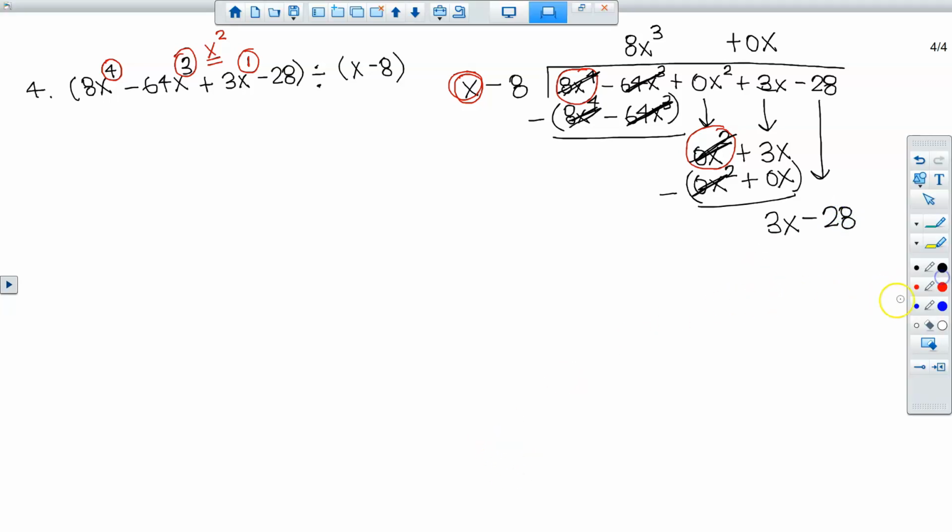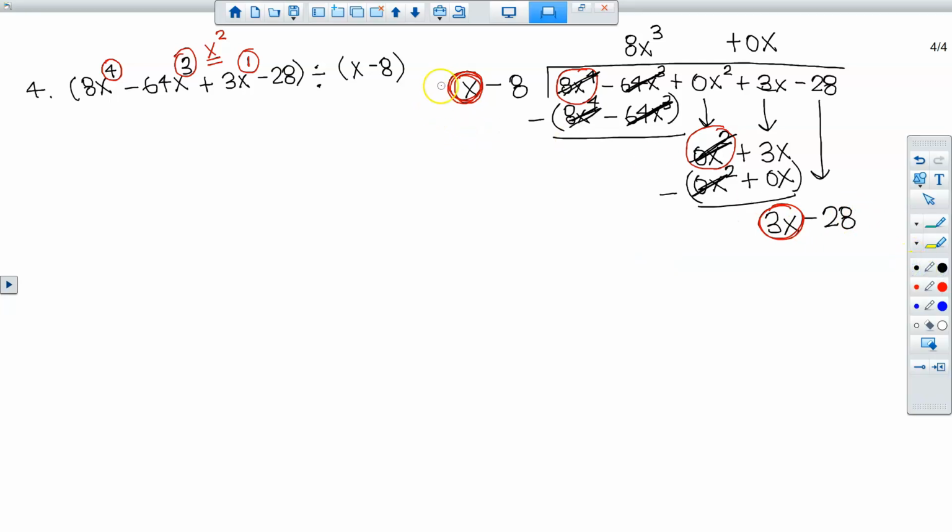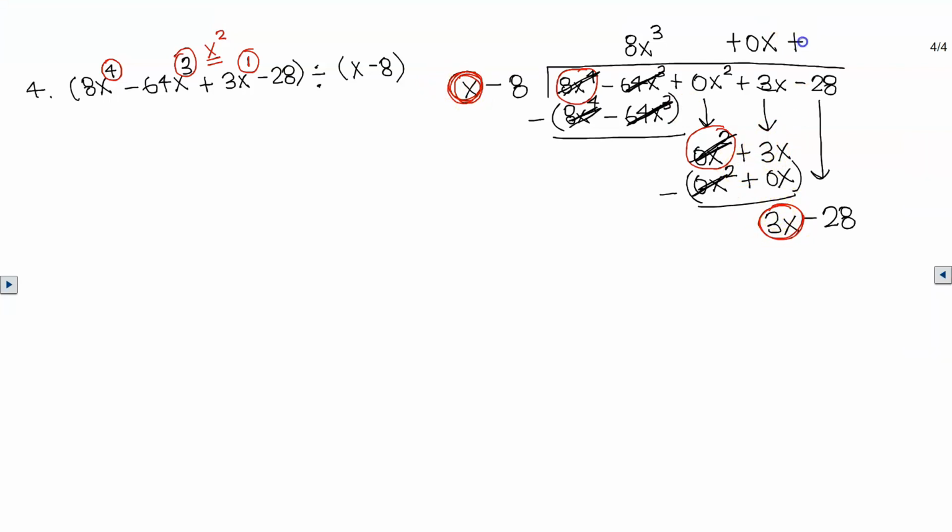And this will be our last trip through the division process. So how many times will x go into 3x? So in other words, what would I multiply times an x to get it to become a 3x? And the answer is positive 3. So we do 3 times x and get 3x.